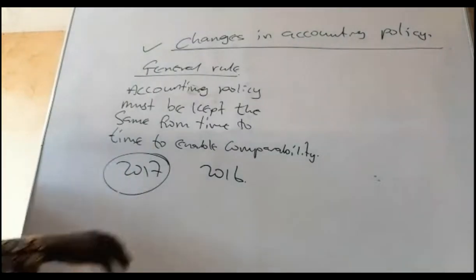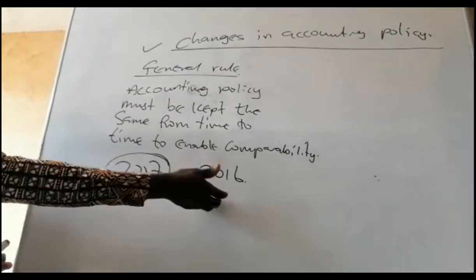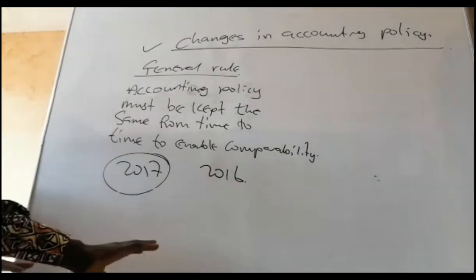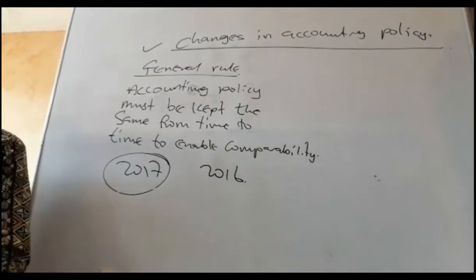So comparison becomes very difficult because the bases are not the same, and any conclusion you come out with from this comparison may be what? Invalid. Yes. Before you can compare something, make sure that you are on the same grounds or the same basis. Good. So that's the general rule.